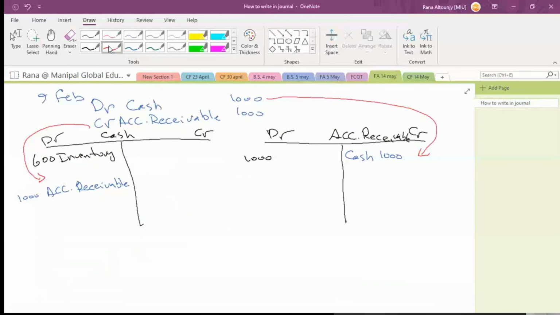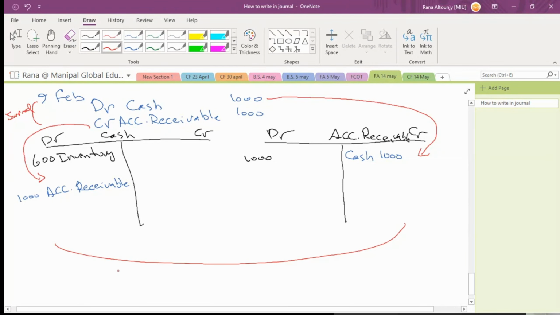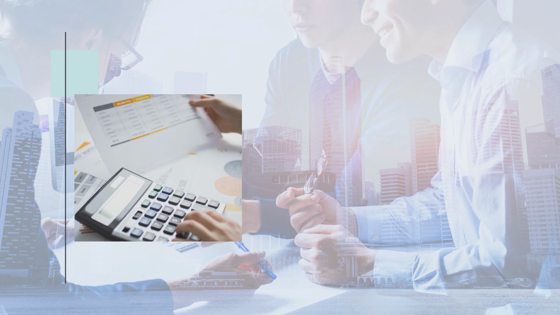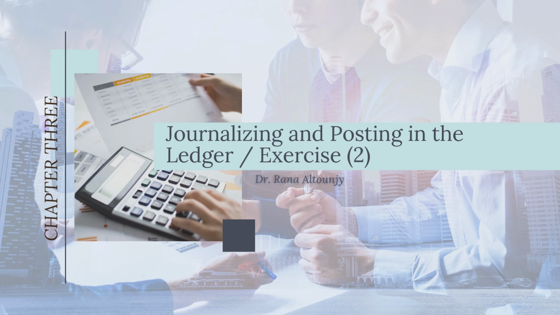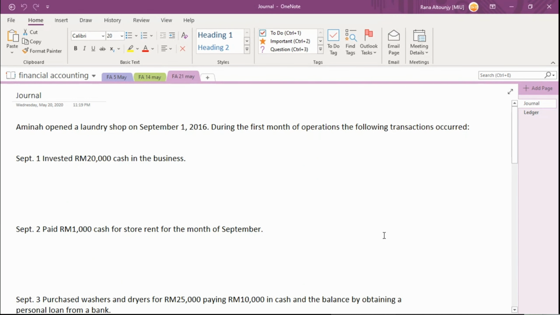So keep in your mind that this part is called journal, and those are called ledger. So let's start with our exercise.